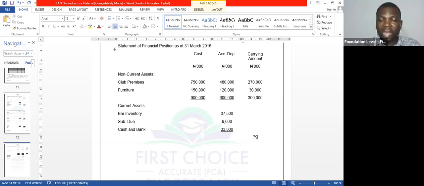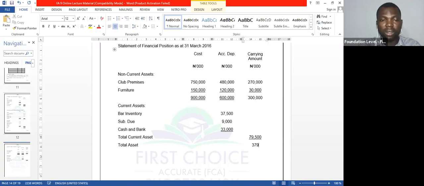Now this 79,500 is regarded as our total current asset. That's what we call it. So to get our total asset figure, it is non-current asset plus current asset, which gives us a total sum of 300,500.